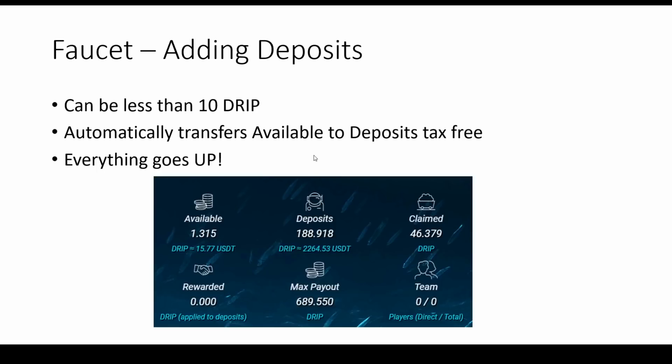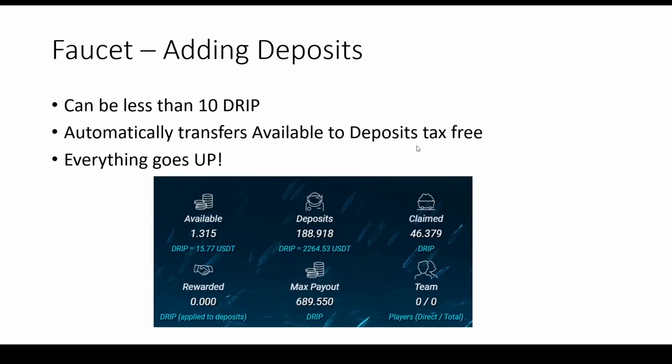Okay, so that's kind of a cool way to avoid extra taxes. If you make a new deposit, you're going to pay 10% on that new deposit, but this amount automatically transfers from your available to your deposits tax-free.